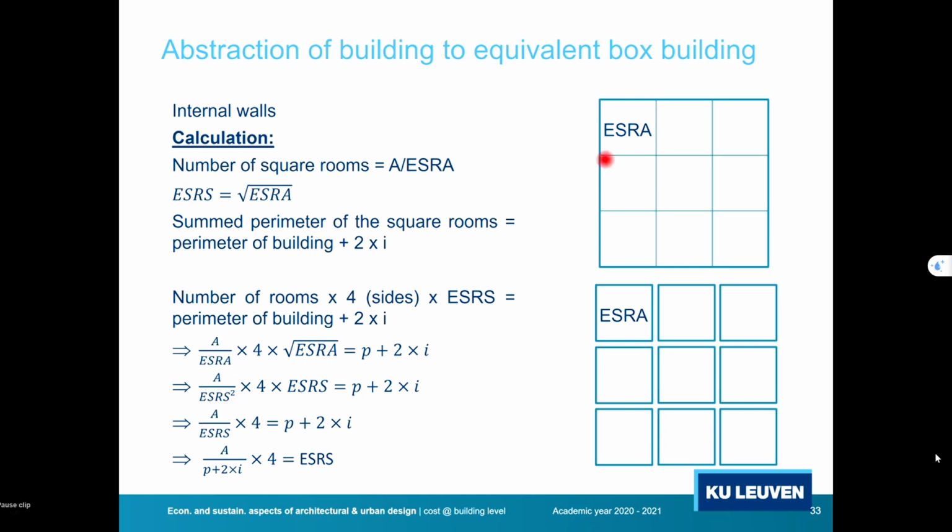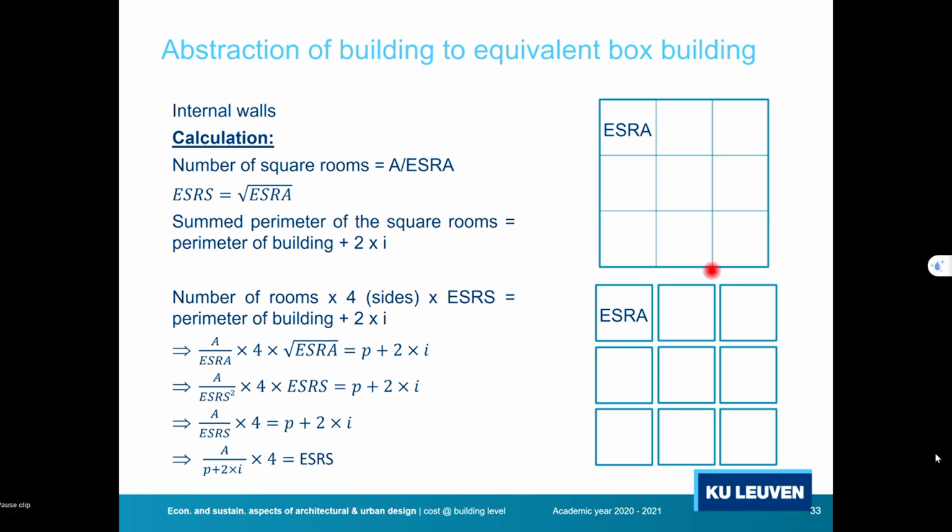Now, how can we calculate the length of such sides, and how can we calculate the area of such a room? Well, we know that the number of square rooms equals the total floor area of one floor divided by the area of one inner space, as they are all the same. And we know that the length of such a square room equals the root of the area.